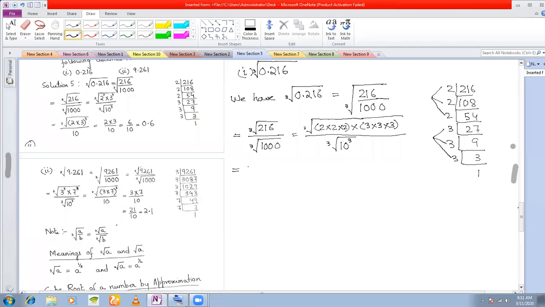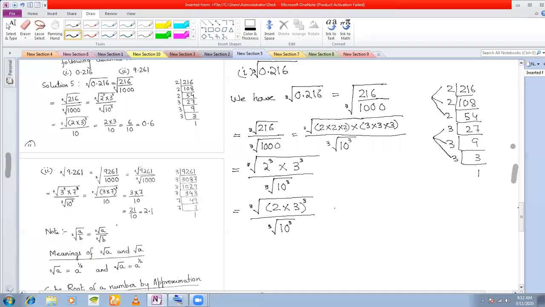So this now is the cube root of 2 cube into 3 cube divided by the cube root of 10 cube. This can now be written as the cube root of 2 into 3 whole cube divided by the cube root of 10 cube.